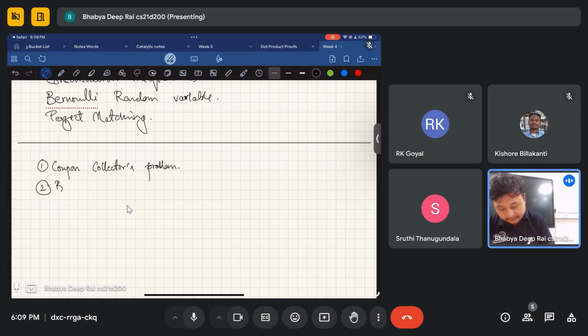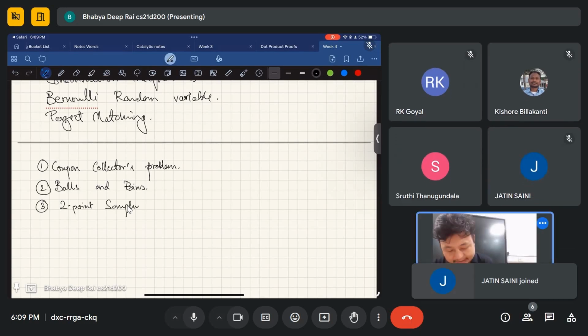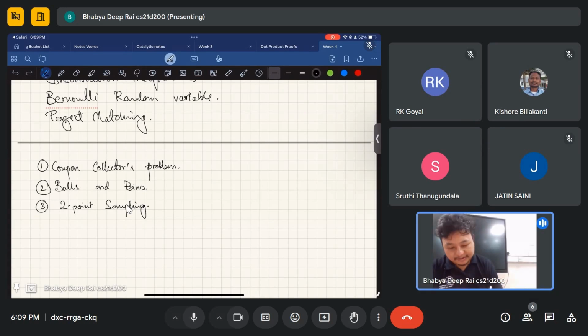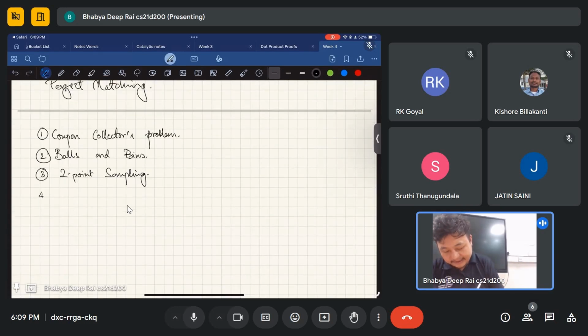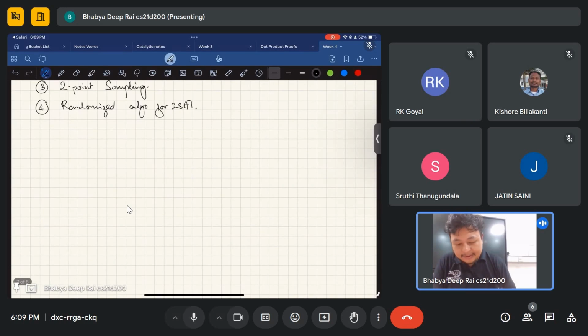You have the concept of balls and bins, and you have 2-point sampling, but again, writing questions for this requires some more concepts to be covered. So mostly I will be doing the coupon collector's problem and balls and bins, and we'll be discussing probabilities and such. And finally we have a randomized algorithm for 2SAT. Now this is again a very specific topic.